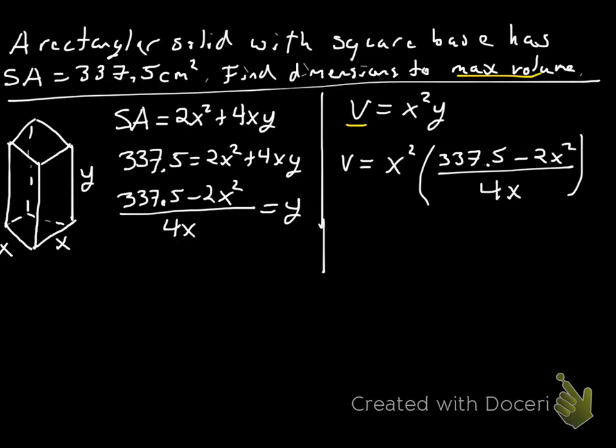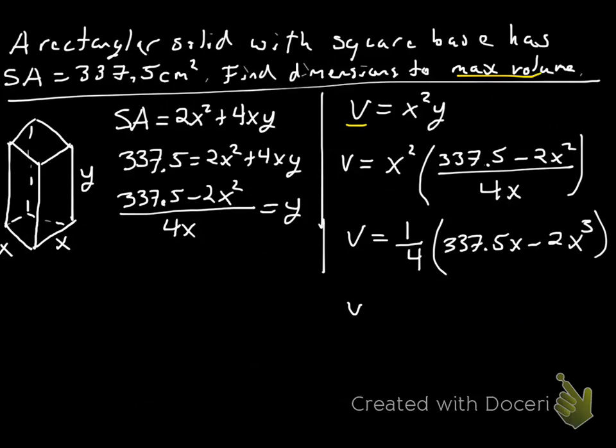Nice thing is going to happen, that x squared here is going to cancel the x there, so we'll just have one x left to distribute through. And that 1/4 is a constant, so I'm going to bring it out in front. Okay, now that thing's ready to take the derivative, the 1/4 is just going to hang out in front.